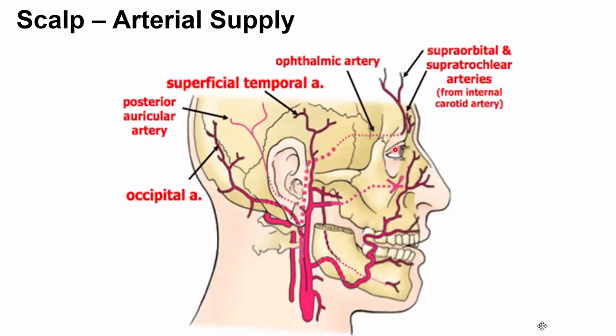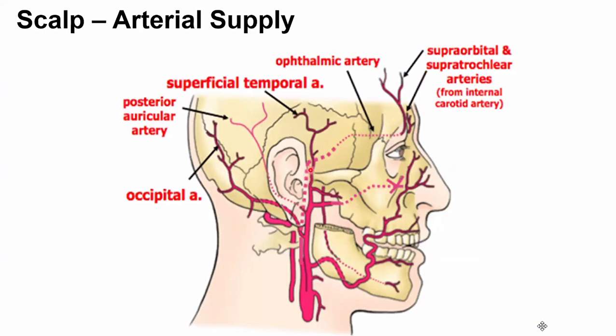So another view here. This is the external carotid artery, and it branches off to supply the face and even the scalp. And there's the internal carotid artery, which goes inside to supply your brain.